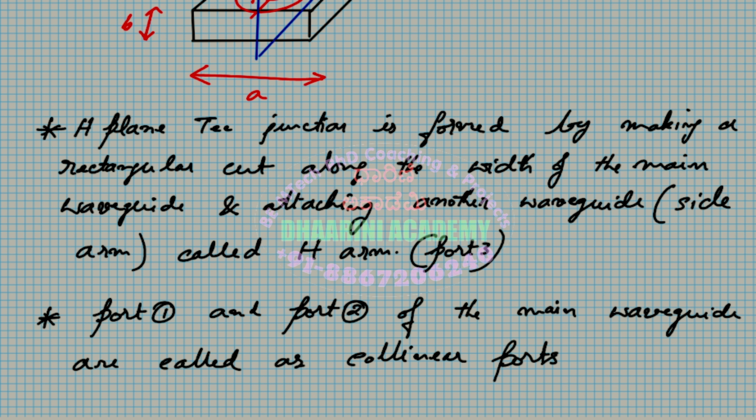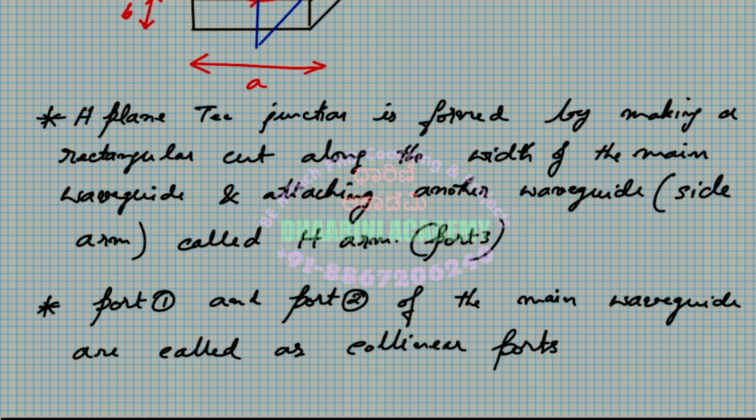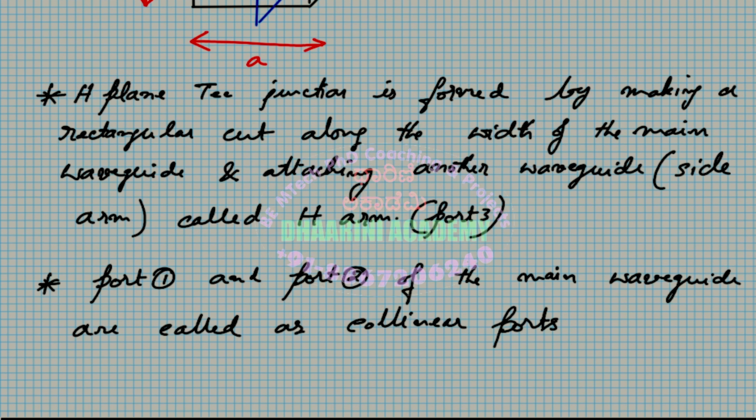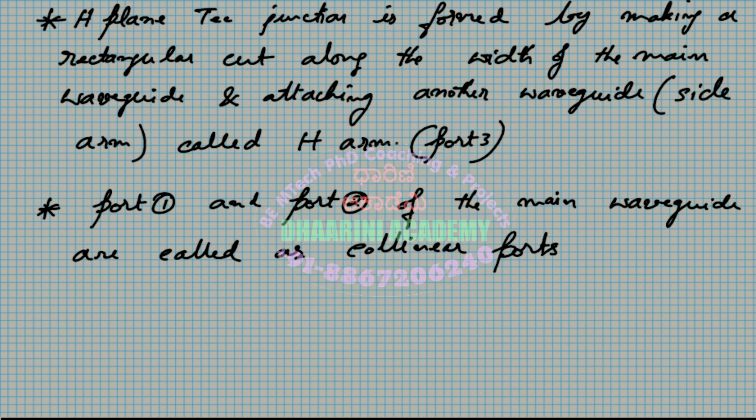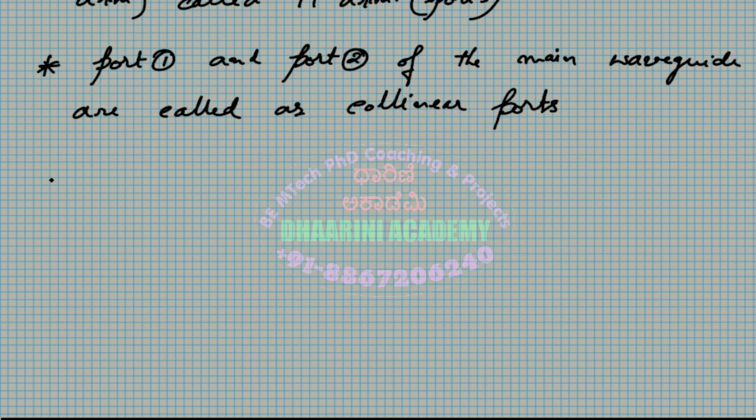When you feed the energy in the form of electromagnetic waves, the H, or the magnetic field, is the one which gets divided. Because of that reason, we call this an H plane T junction. The magnetic field is denoted by H, so that's why it's called an H plane.